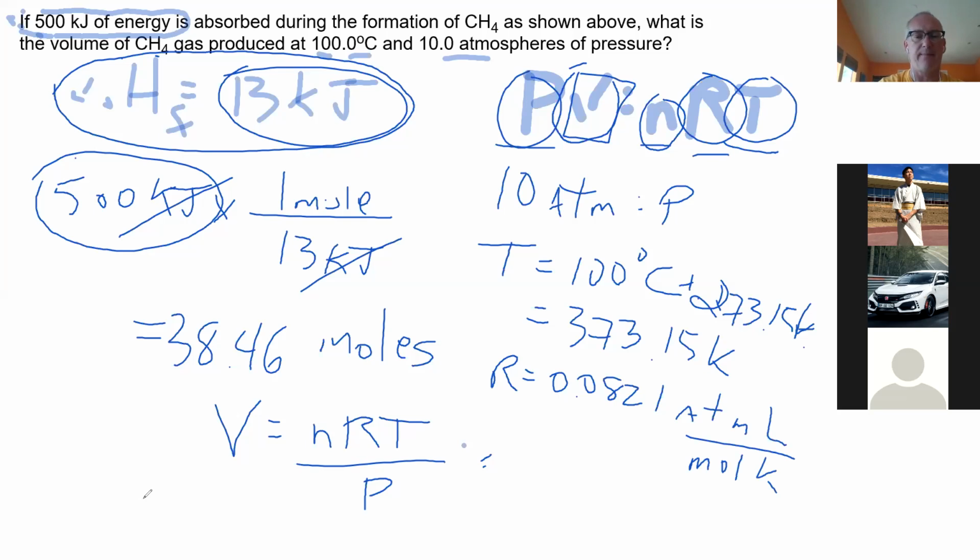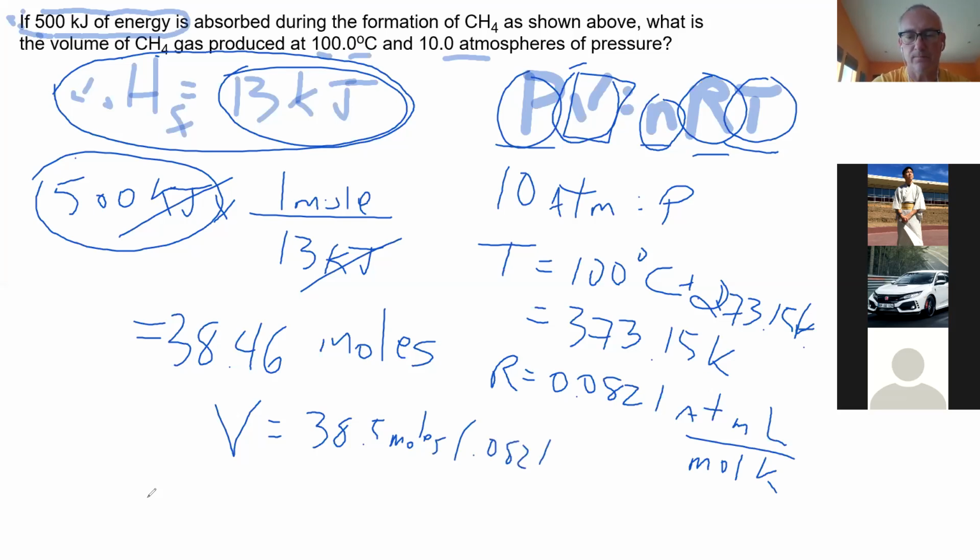Let me set all that up. So I put in my number of moles, 38.5 moles. Multiply that by 0.0821.